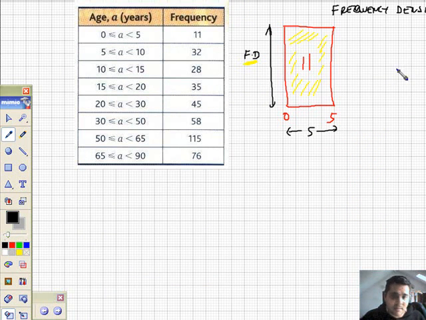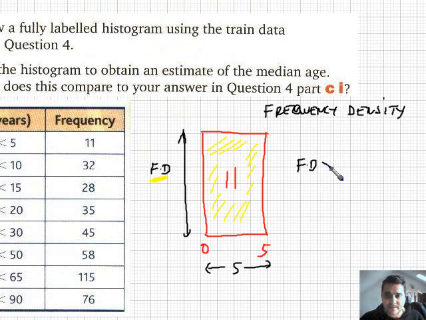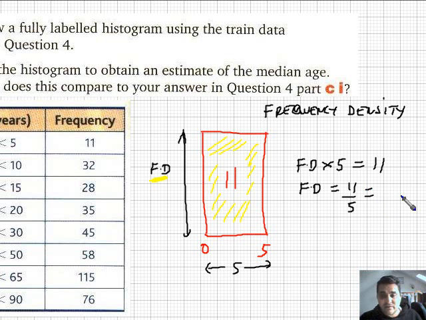So let's go back to first principles. It's a rectangle, so frequency density times 5 comes to 11. Therefore the frequency density for that bar will be 11 divided by 5, just as you would find the unknown side of a rectangle if you knew its area and one of its sides. That comes to 2.2.